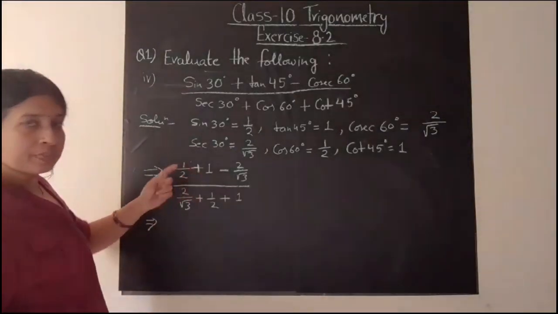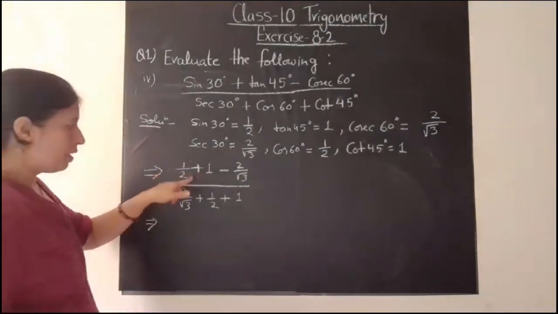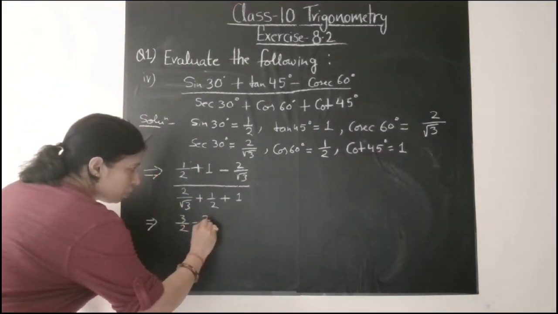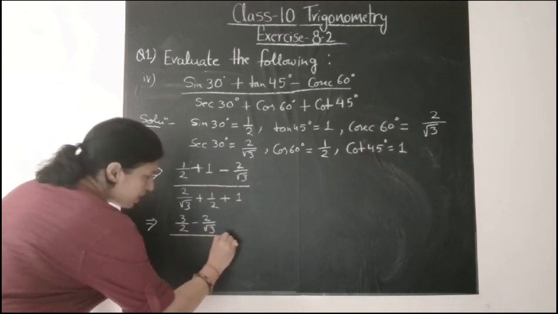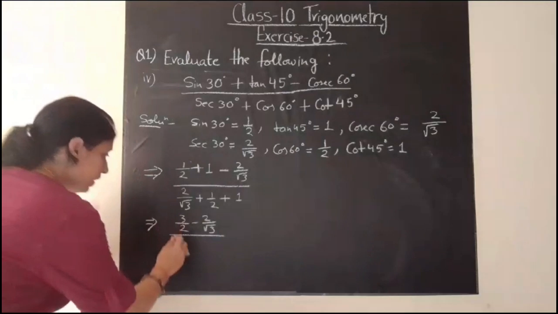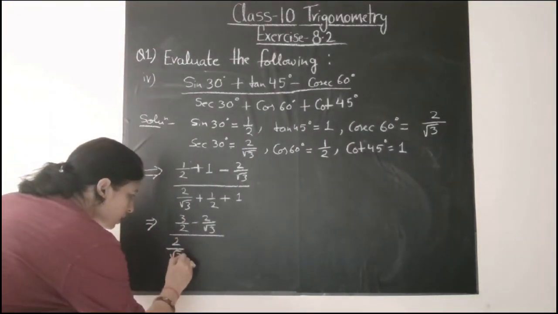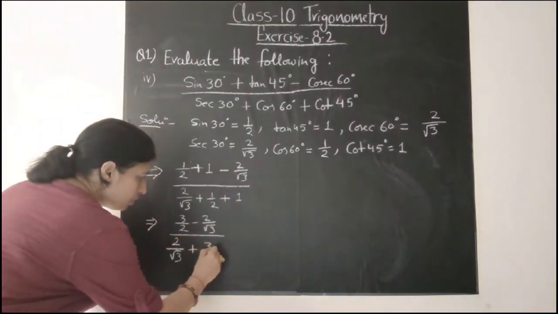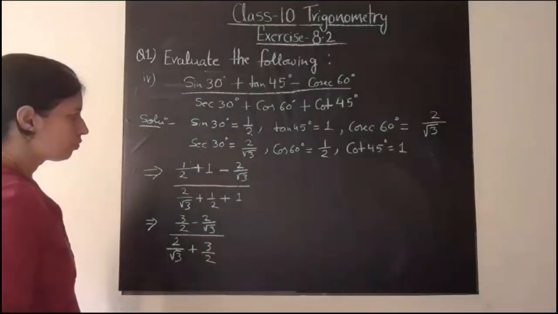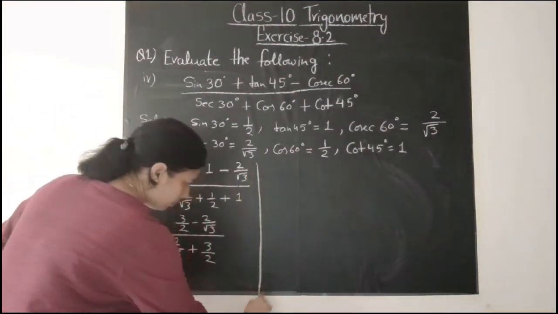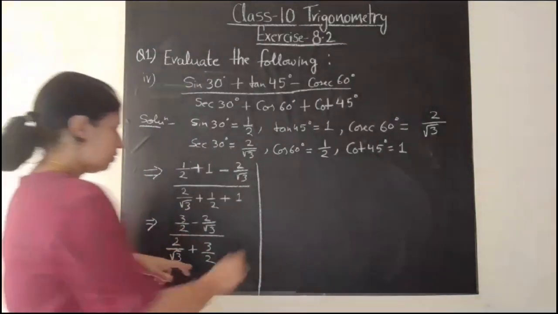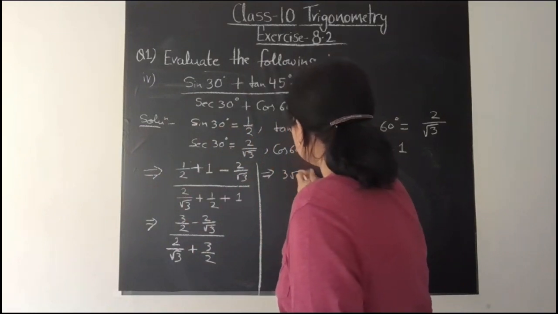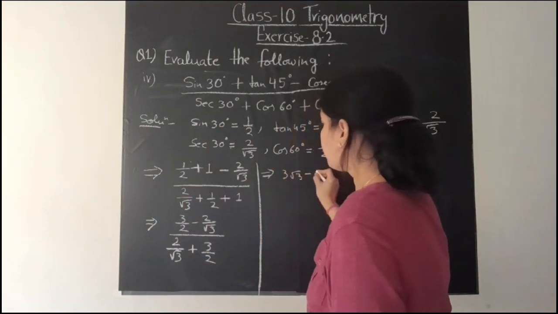So add this one, 2 1s are 2 plus 1, 3 by 2. 3 by 2 minus 2 by root 3, this is divided by, again here write 2 by root 3. 2 1s are 2 and plus 1, so this will be plus 3 by 2. After that you can write here, multiply here, 3 root 3 minus 4.